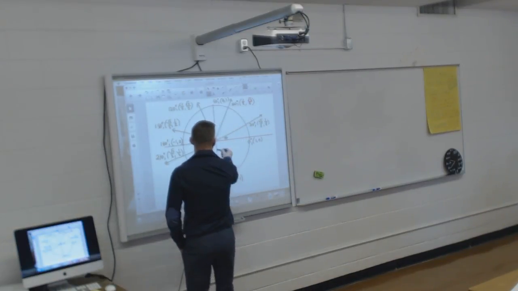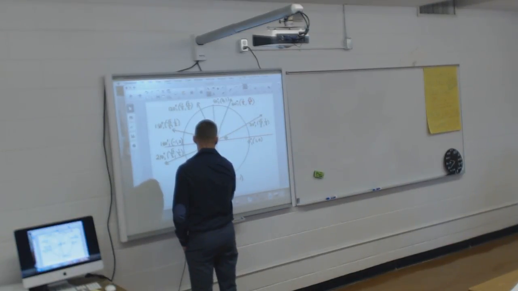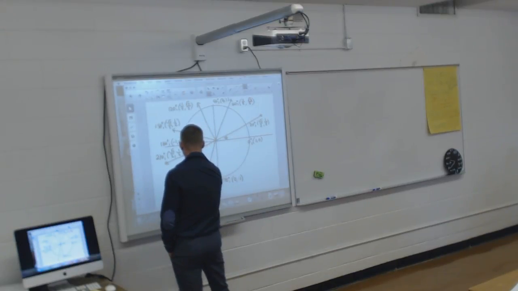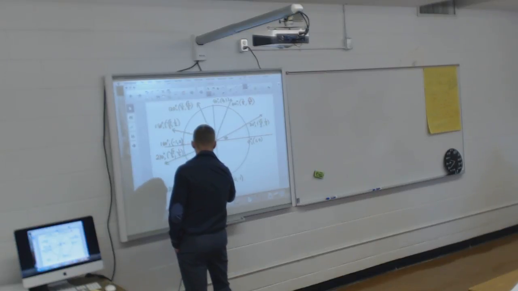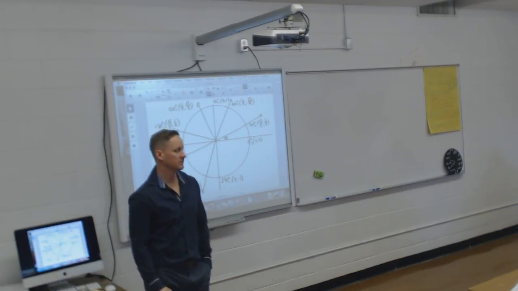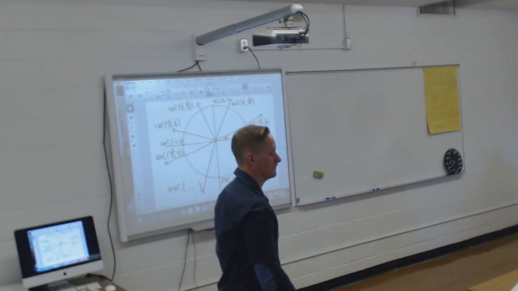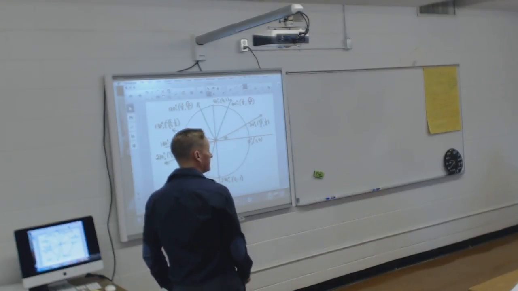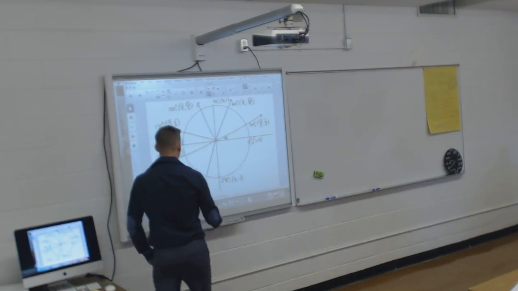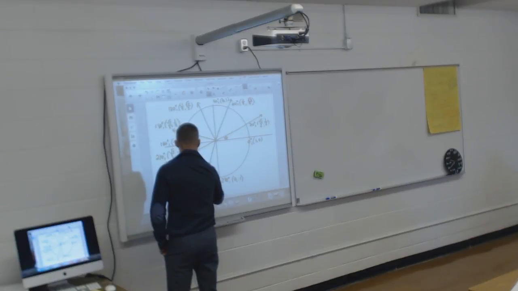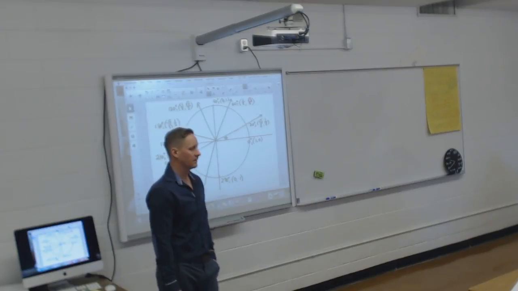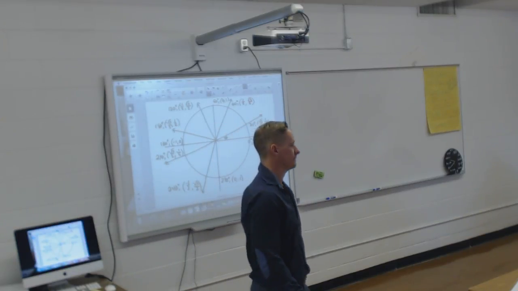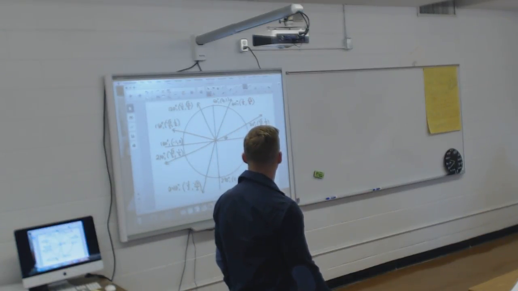So let's go down here now. 240 degrees. Reference angle? 60. Therefore, what's my ratio? Negative 1/2, negative root 3 over 2. Okay?